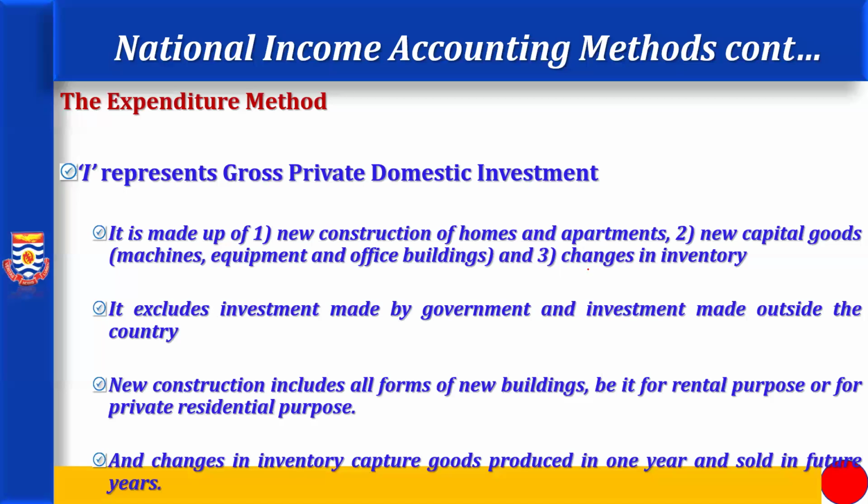Then changes in inventory. So when you are a firm, and let's say at the end of the year, your stock of goods, your inventory of goods, is 5,000 cedis.